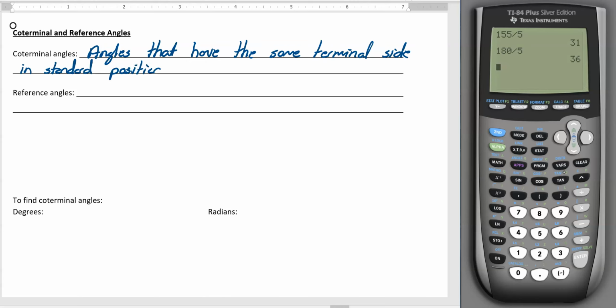And you might have heard me talk about the reference angle just a bit ago. Reference angles are the angle created by the terminal side and the x-axis.